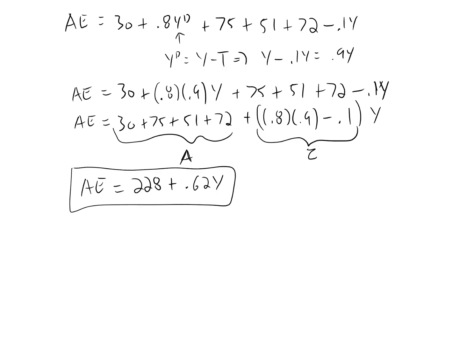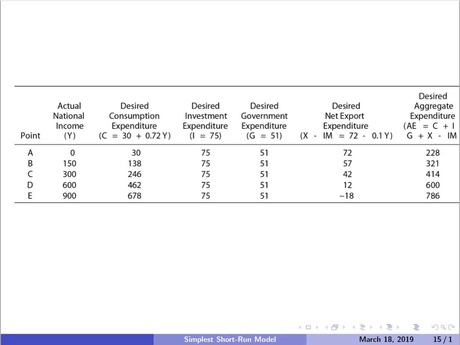So let's go back to the slide since this is the example used in the slides. All right, so here's a table of exactly those numbers that we were just using in the OneNote. The second column here gives the actual level of Y, varying it going from 0 to 150, 300, 600, 900, and seeing what happens to the different components of desired aggregate expenditure.